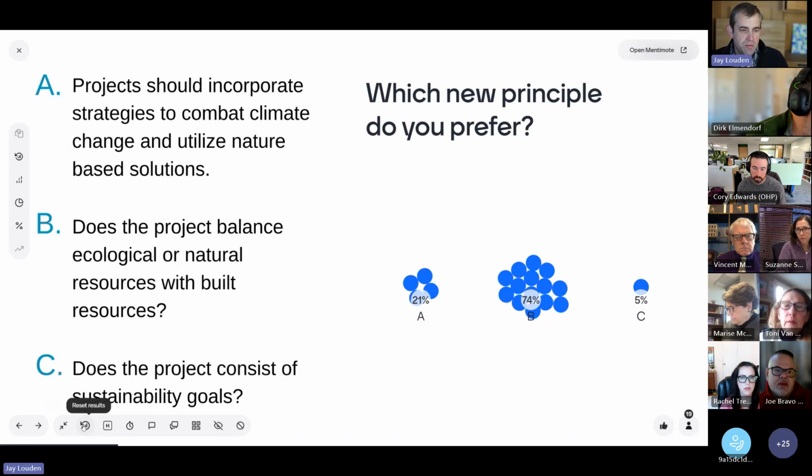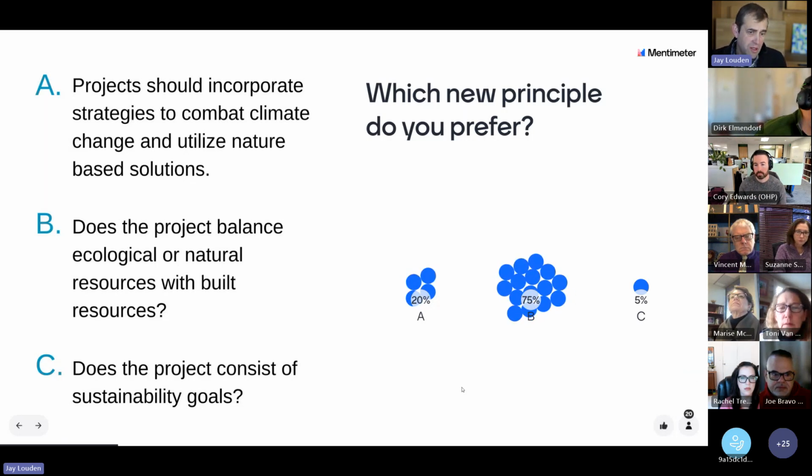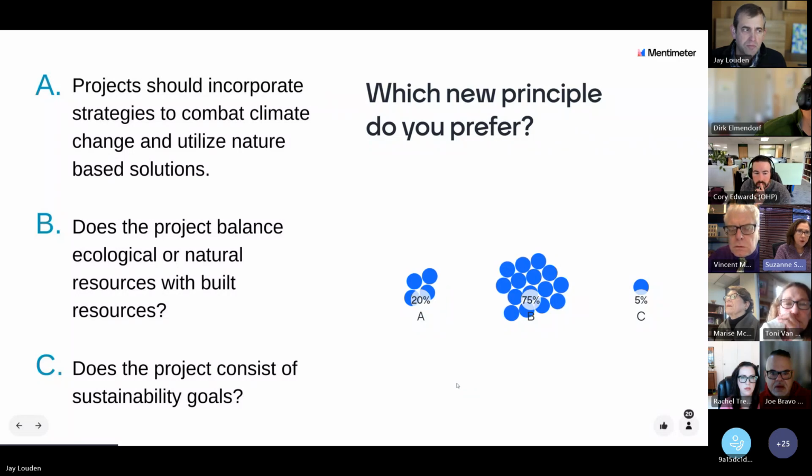Okay, so I think there's a pretty clear, just taken straight, preference for B out of these 3. But to your point, Corey, maybe what we can do here is include B, and it looks like I can reset the results, and we can vote A against C. Do you think that's reasonable? Is this a replacement for the one that was there before, or in addition to?